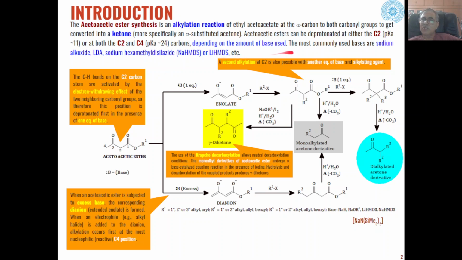All these commonly used bases, that is, sodium hexamethyldisilazide and lithium hexamethyldisilazide, are very effective in these types of conversions into alkylated products.